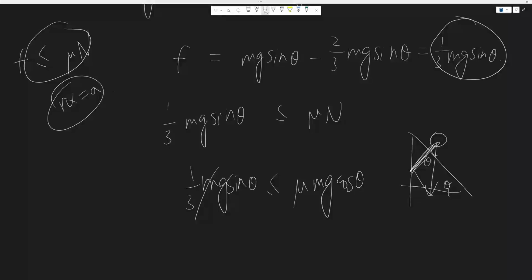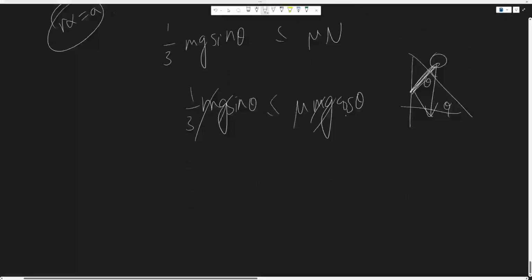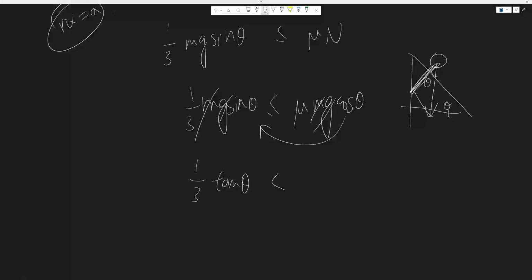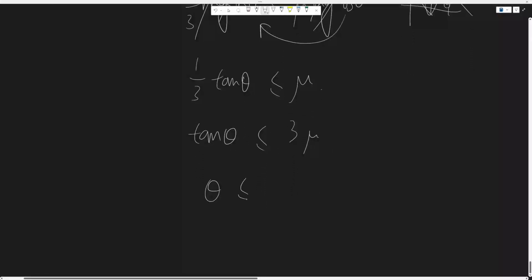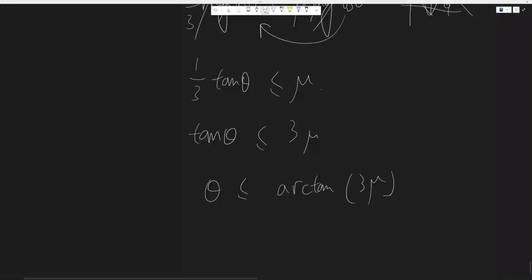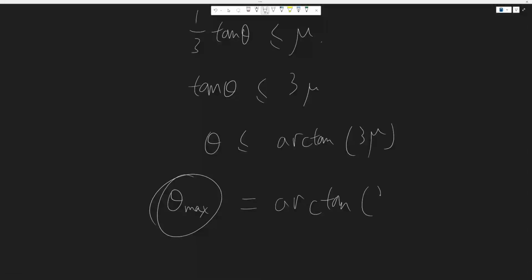Cancelling out the m and the g and moving the cosine to the side, we have 1 over 3 tangent theta must be smaller than or equal to mu. So tangent theta must be smaller than or equal to 3 mu, and theta must be smaller than or equal to arctan 3 mu. So theta max, the maximum value of theta, is equal to arctan of 3 mu.